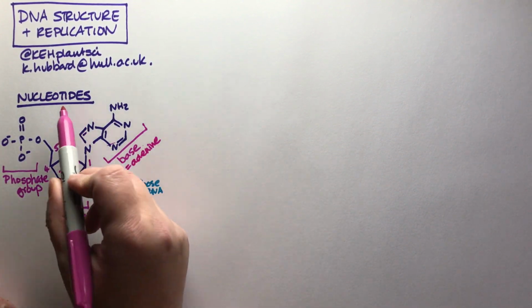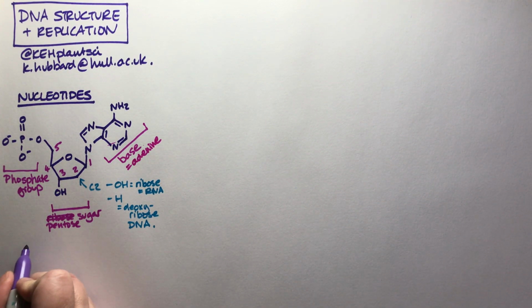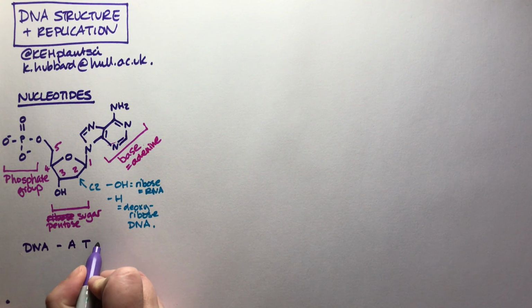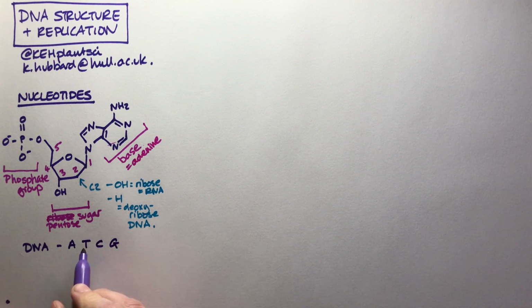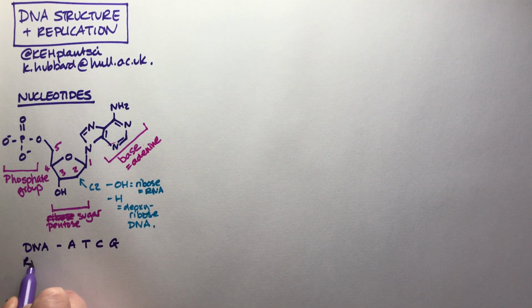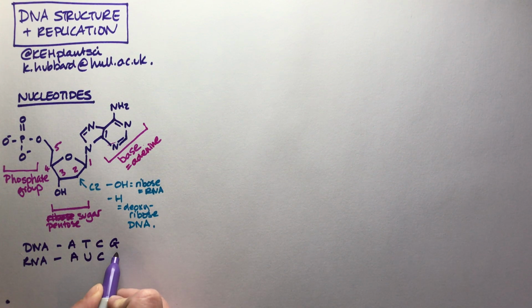So for the different nucleotides, you probably know that in DNA, we have the nucleotides A, T, C and G. So that's adenine, thymine, cytosine and guanine. And in RNA, we have A, U, C and G. So there are 5 different nucleotides that are generally used in cells.